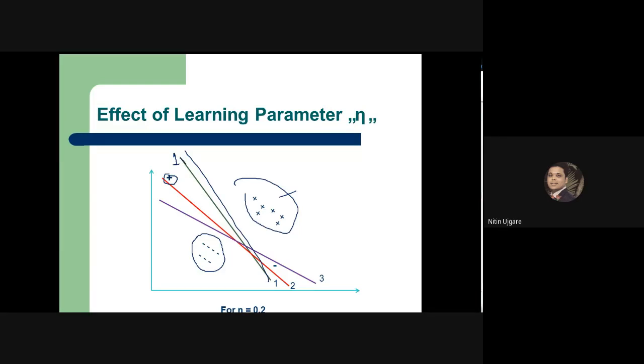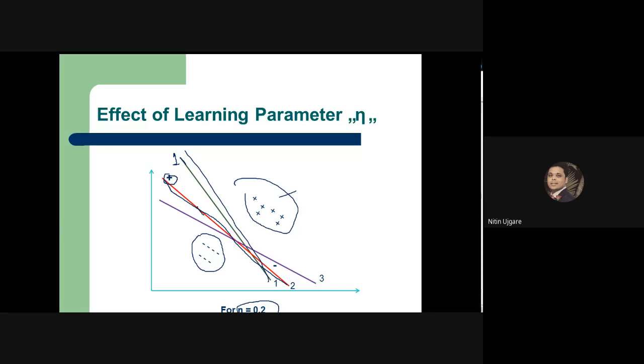Then we are updating the weight vector beta using the learning rule, where the value of eta that we have considered is 0.2, and after updating the weight vector we get the second decision boundary, that is this red line.